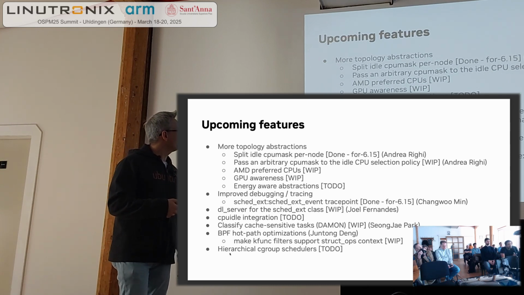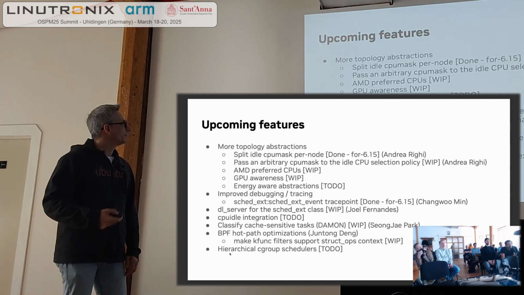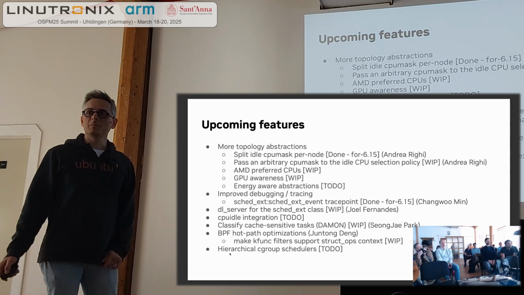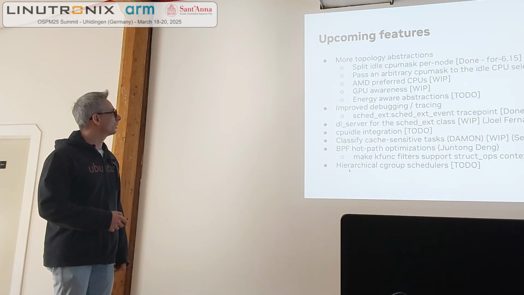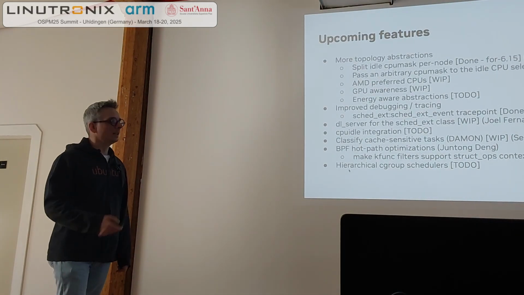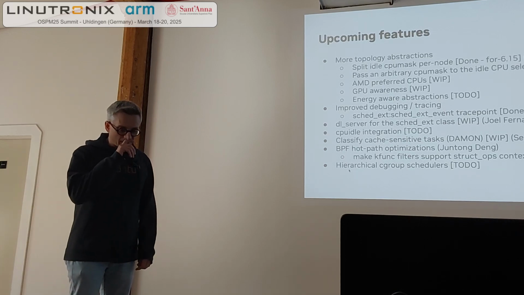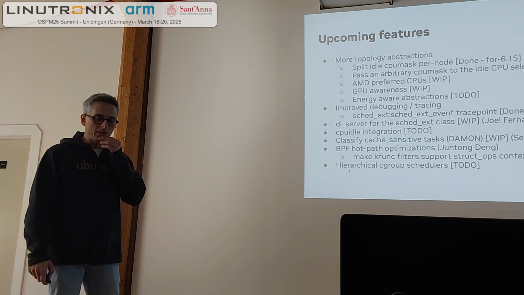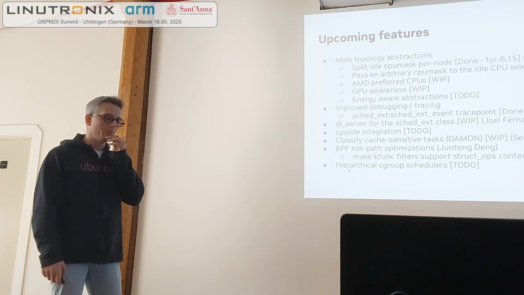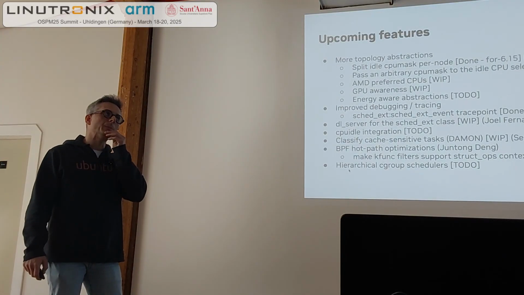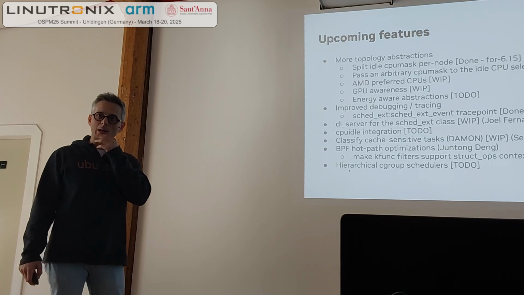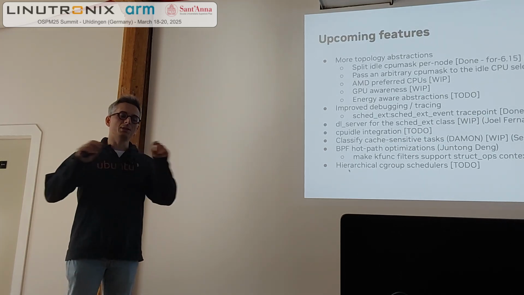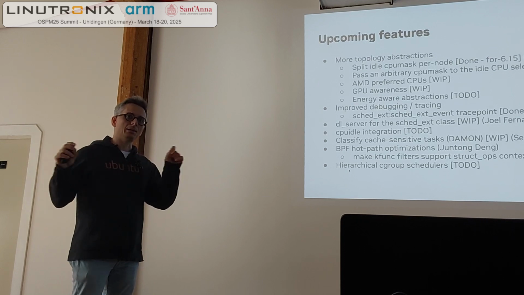So, upcoming features, there's a lot to do. It's upstream, but there's still so much work to do. One thing that we found, this is in 6.14, is that on some Intel machines we sometimes almost hit a soft lockup in certain cases, because we are using a single CPU mask to track the idle CPUs.